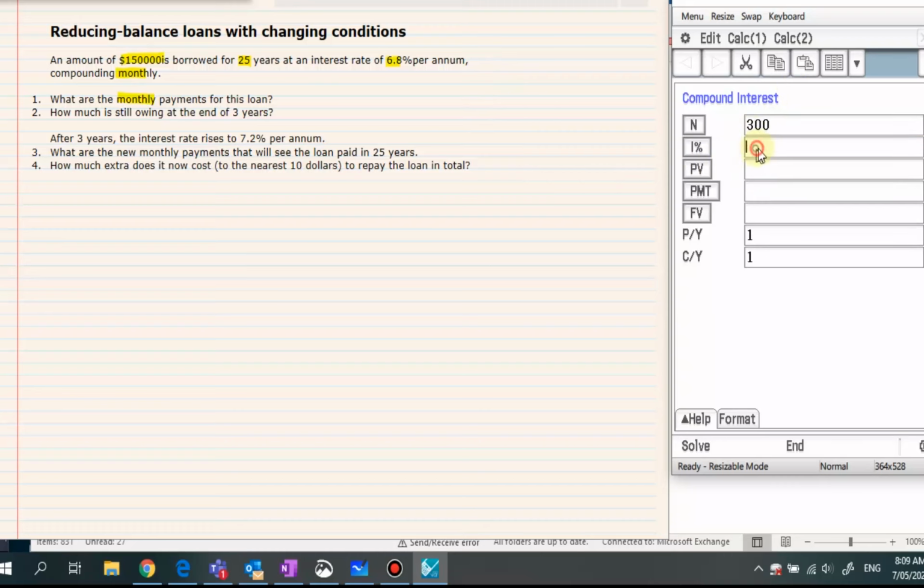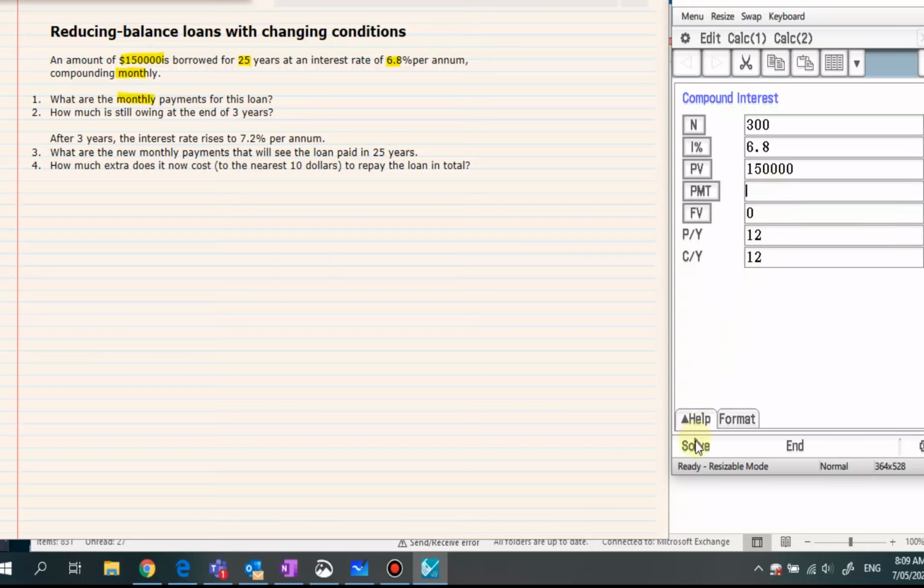6.8% per annum is our interest rate. The present value of the loan, we were given 150,000. The payments for this part is what we're interested in. The future value of the loan, we would like it to be 0 at the end of the 25 years. And its payments and compounding periods are both 12.